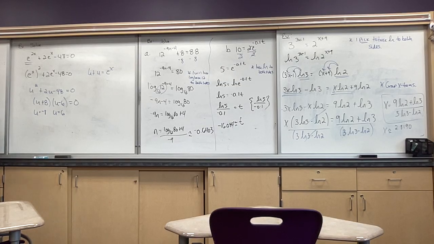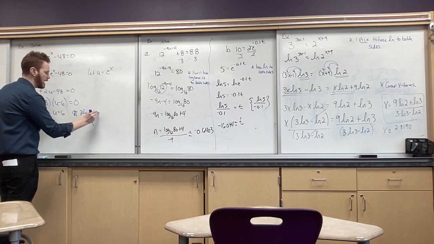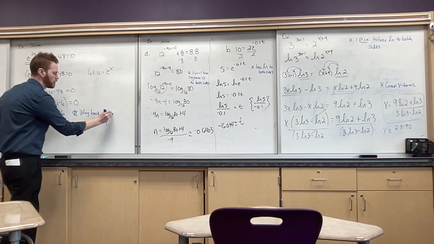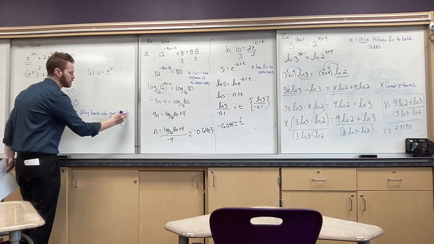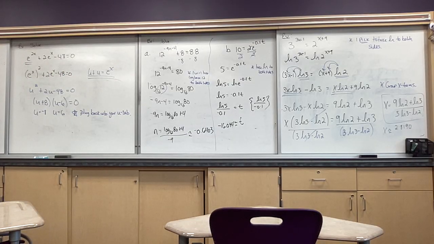So now what do we do? Well, I'll put down here, plug back into your u substitution. Okay, that's this guy up here. Now I don't know what u is, I gotta translate it back to what the problem was originally. It's like one of those temporary things like, oh, this was so nice to work with. Now let's see how it looks at the original. So I get negative 8 equals e to the x.